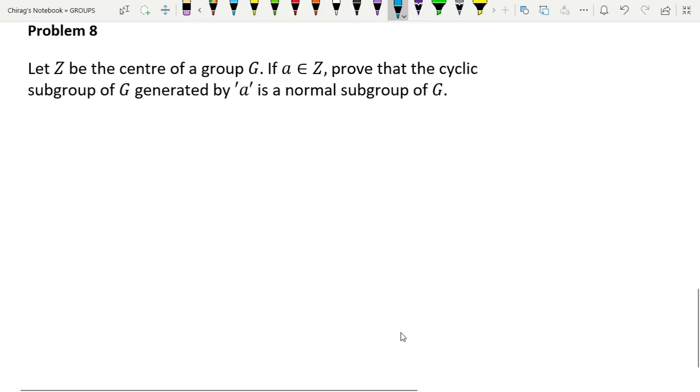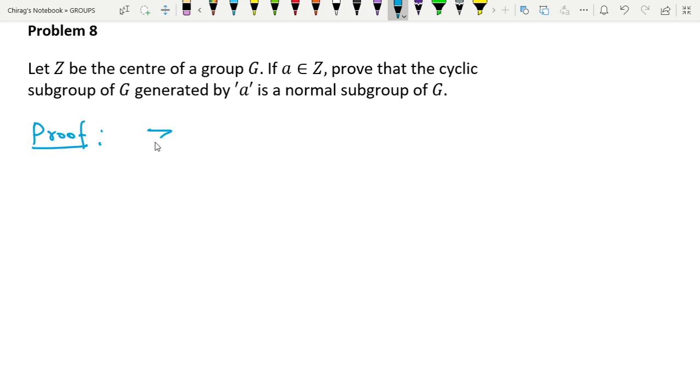Now the last problem in this session. Let Z be the center of a group G. If a belongs to Z, prove that the cyclic subgroup of G generated by a is a normal subgroup of G. Now proof. Z be the center of a group G means what?